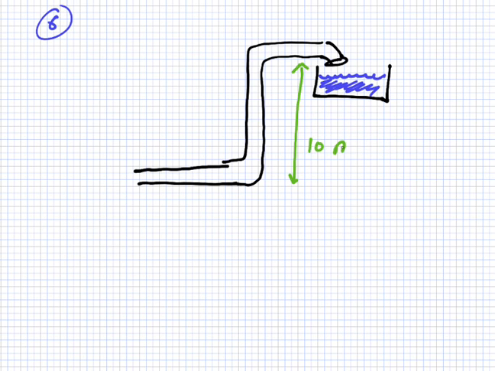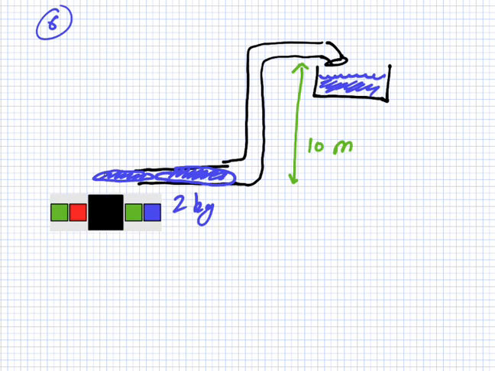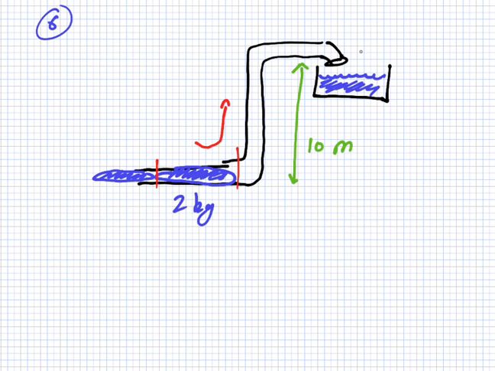This distance is 10 meters. Now what I say is, per second, there's 2 kilograms of water. So each second, if we think about it like one large blob of water, there's 2 kilograms of water getting pumped up and coming out.